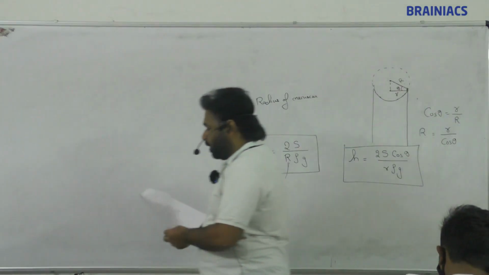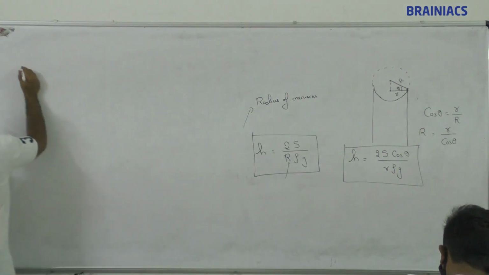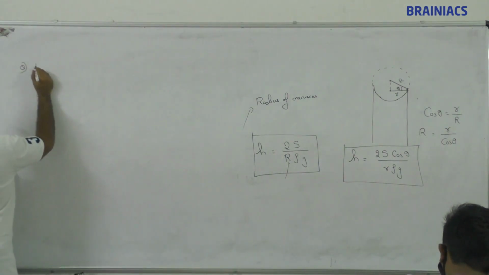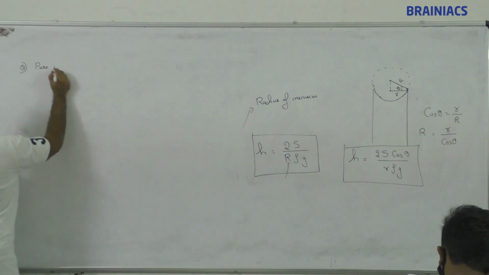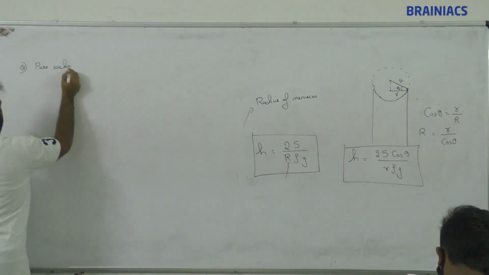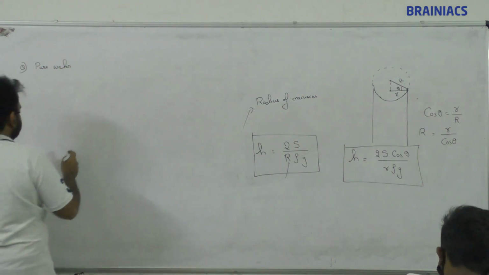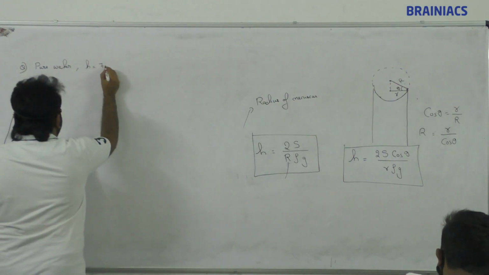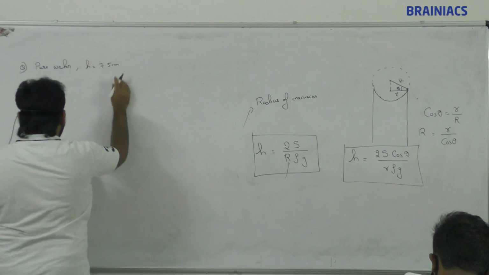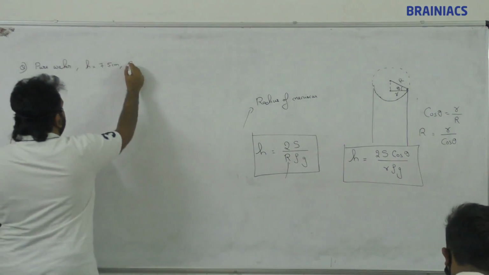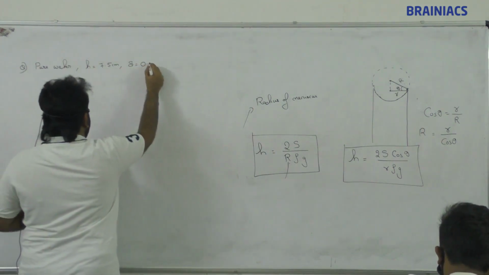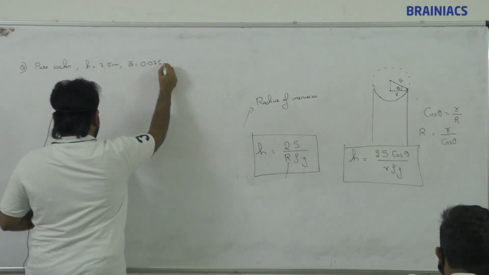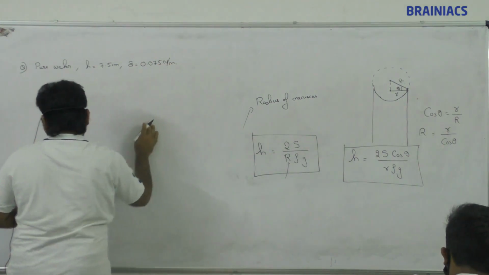Okay, now we will do one question. So pure water, capillary rise is 7.5 centimeter, surface tension is 0.075 Newton per meter.